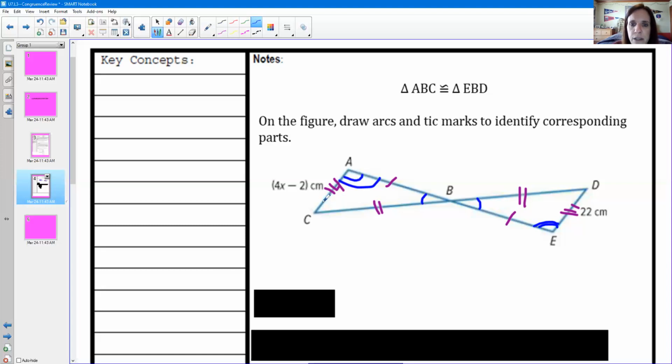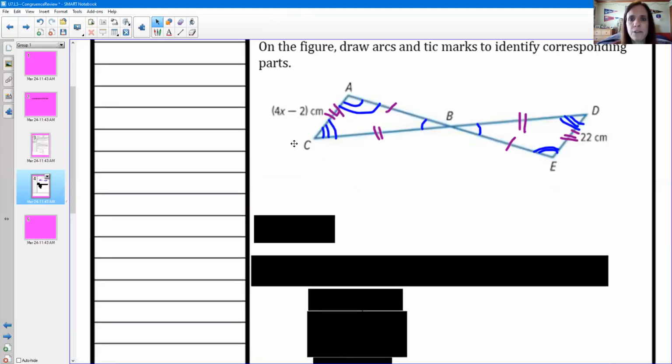And then angle C, 1, 2, 3, matches up with angle D. I know this is true because the problem started with this statement telling me that these triangles were congruent. Because they're congruent, I know that they have corresponding parts that are congruent, corresponding sides and corresponding angles.